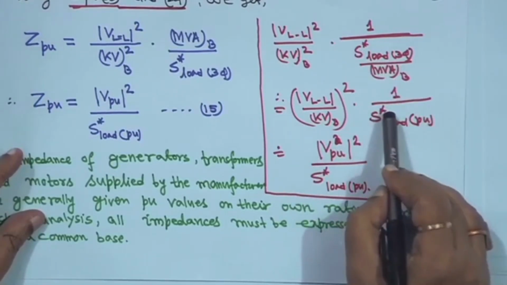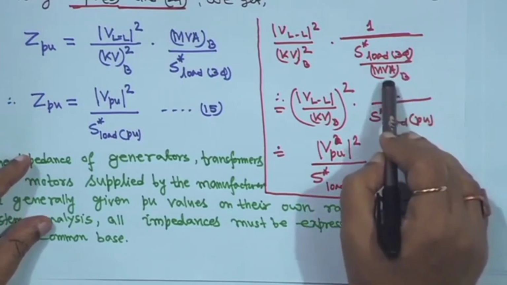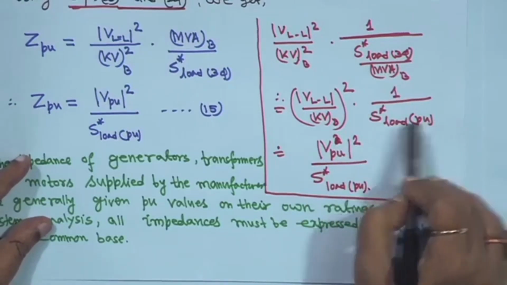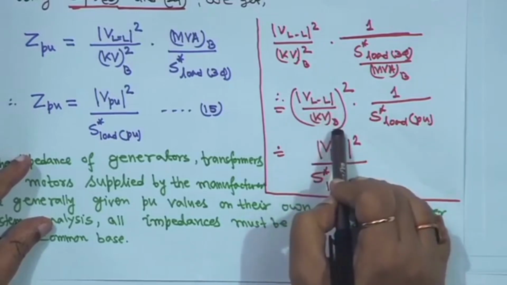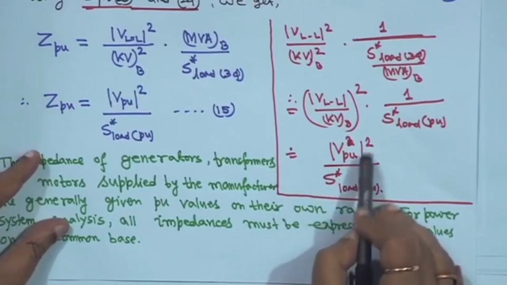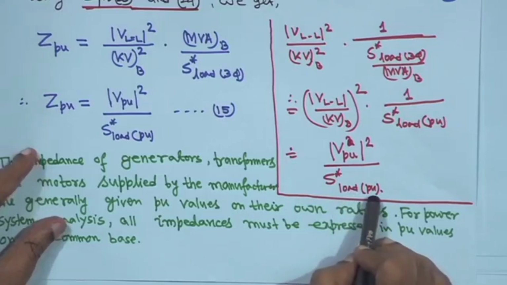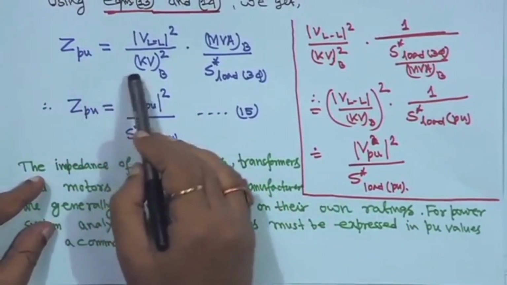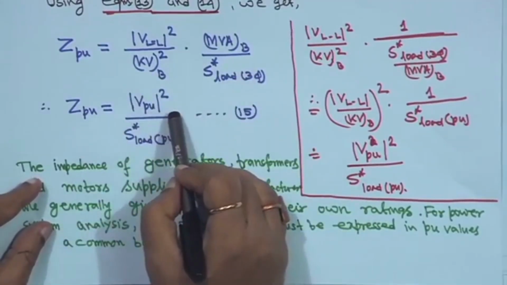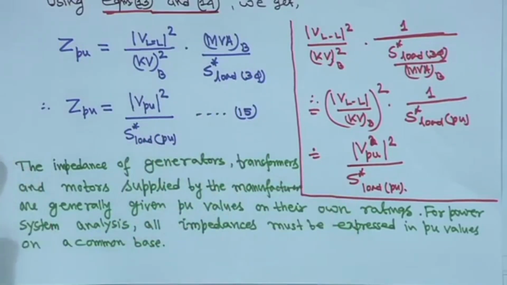That means this is S conjugate load in per unit, no question of 3 phase now, because this part is divided by the base. And this is also VLL by kV base, so this is VPU. This is magnitude VPU square upon S conjugate load per unit power. That is why ZPU is equal to VPU square by S conjugate load PU. This is equation 15.